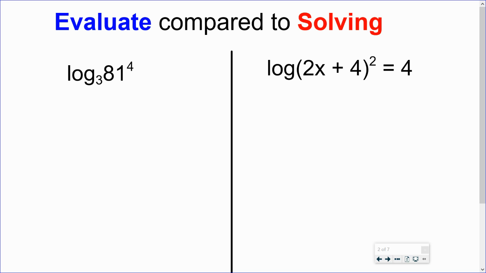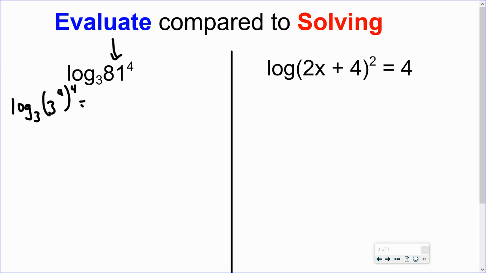As I look at this, I'm going to try to hopefully see a relationship between 81 and 3. So this is log base 3. 81 is 3 times 3 is 9, times 3 more is 27, times 3 is 81. So this is 3 to the fourth power.